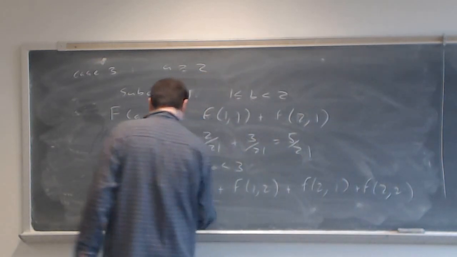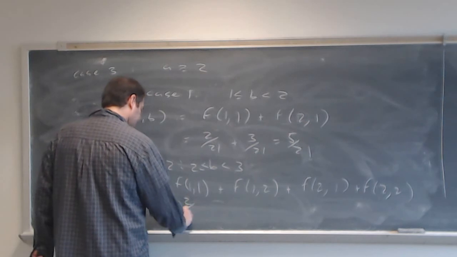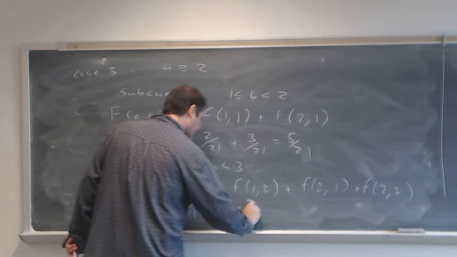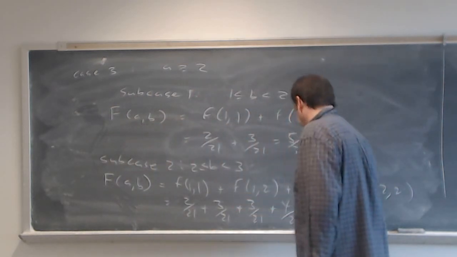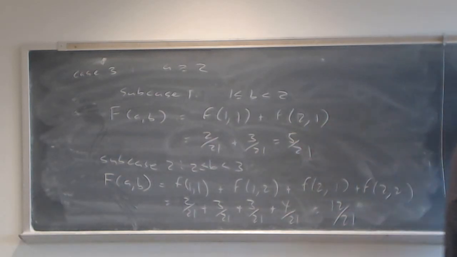Adding these together, here's what we get. F of (1, 1) is 2 out of 21, plus 3 out of 21 for the next guy, plus 3 out of 21 for the next entry, plus 4 out of 21 for the next entry. That's 12 out of 21. We have one more subcase.